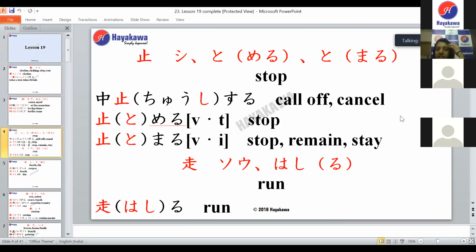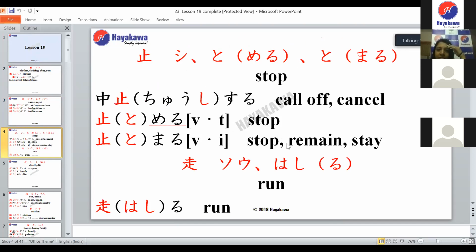So the next kanji that we have is the kanji for the verb to stop. The readings of the kanji are shi, tomeru, tomaru. So the kanji has the meaning to stop.